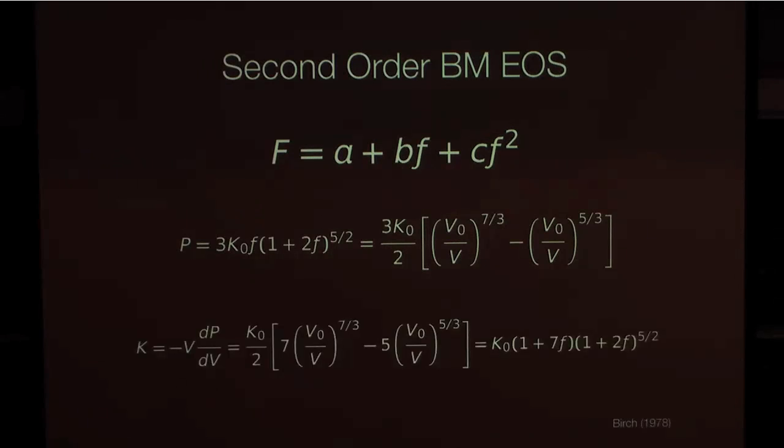Now, the nice thing about this equation is that if you take the partial derivative with respect to volume, you get the bulk modulus as a function of volume at high pressure, which means that you can calculate bulk modulus at any given volume or pressure.